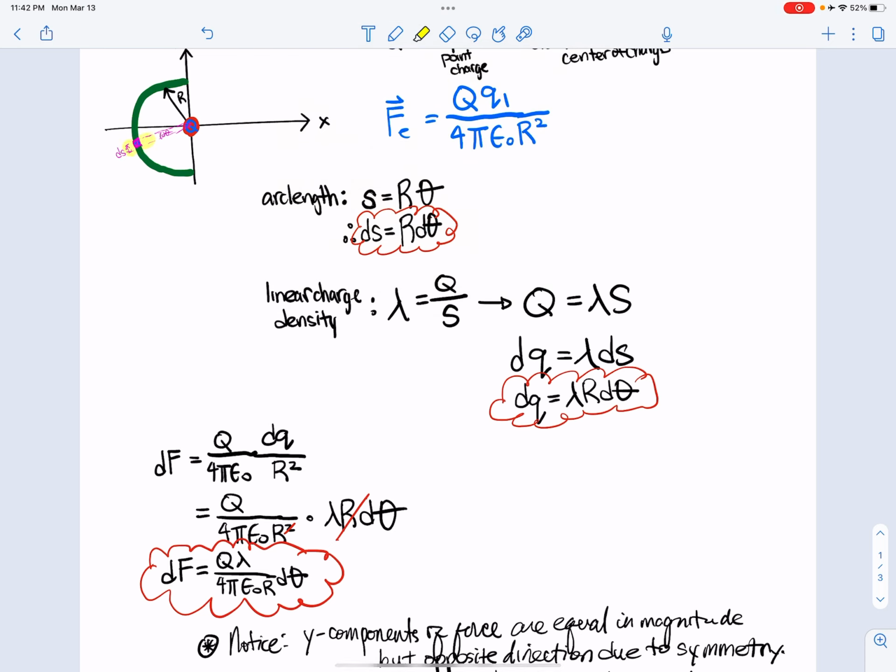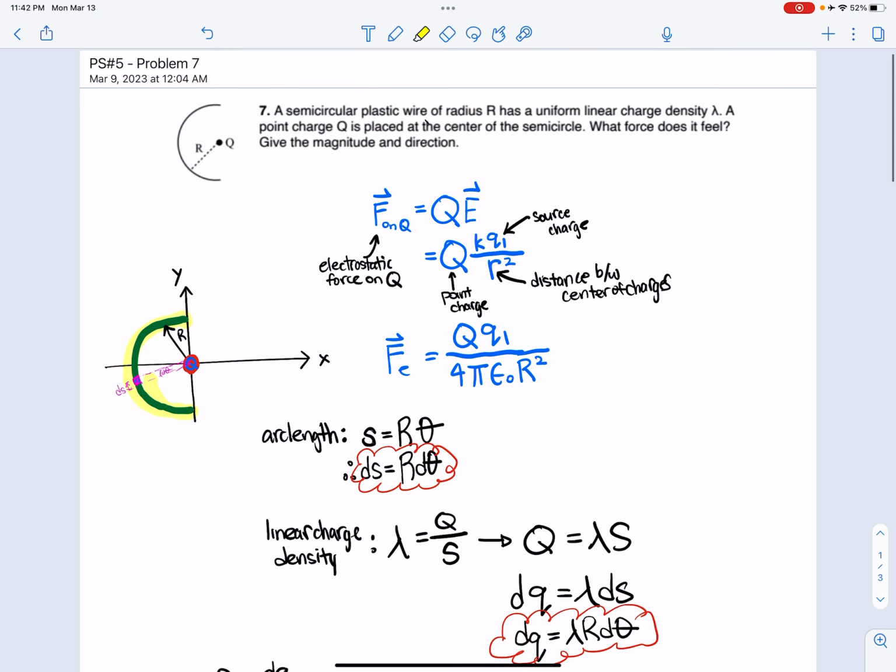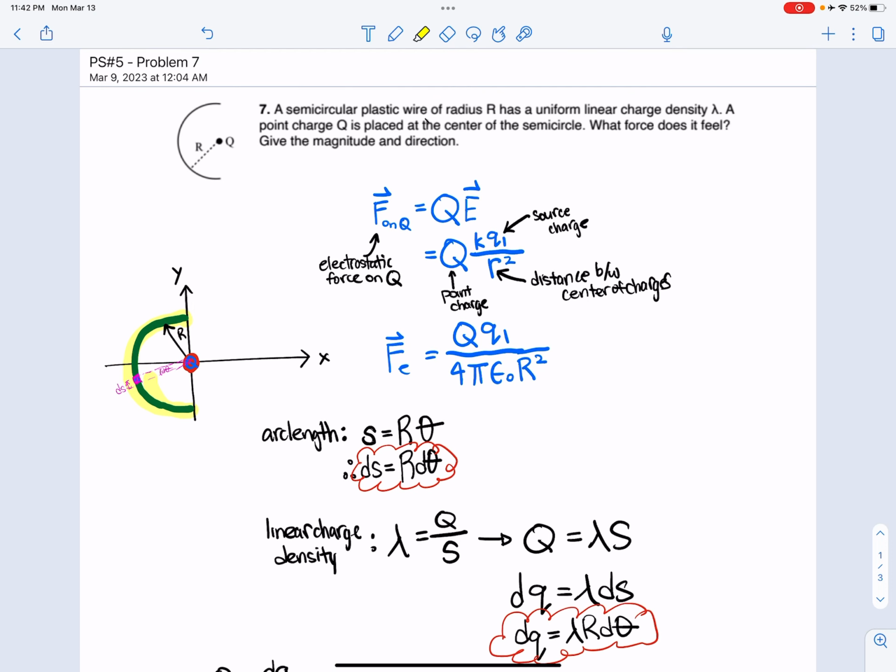This guy right here. But what if I want to add all of it together to get the force felt at q by the point charge for the entire semicircular wire? I would have to integrate in order to add these little dq's together, right? That way I would be able to add this little segment plus this little segment, the forces felt from every single segment until I go through this entire wire, okay?